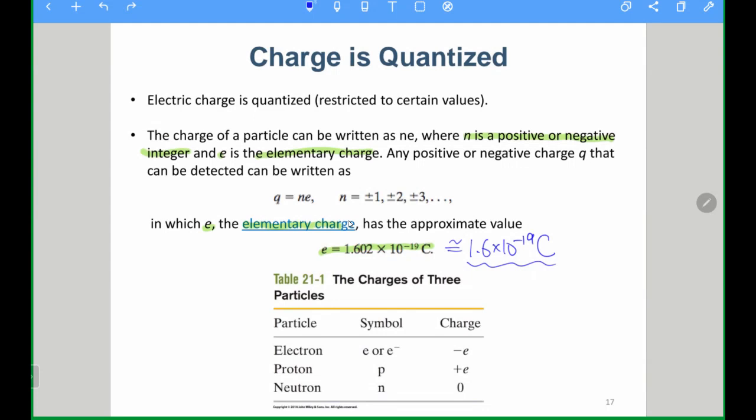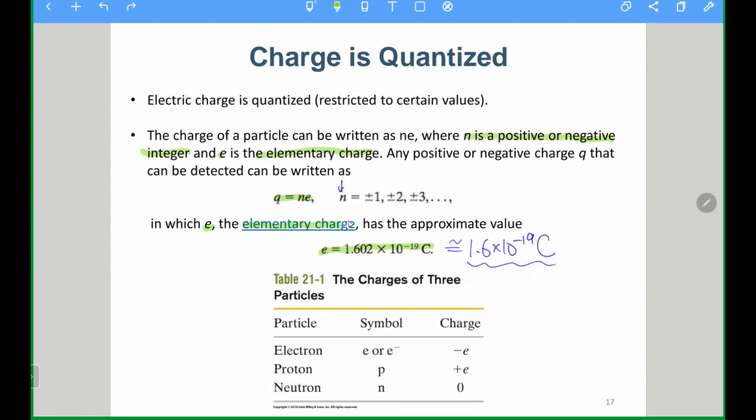So it means that this n should be an integer, and of course you can also consider 0 as one of the possible n. If n is 0, there is no charge, it is perfectly neutral. So here we have Q equals ne. The total charge amount should be a multiple of the elementary charge.